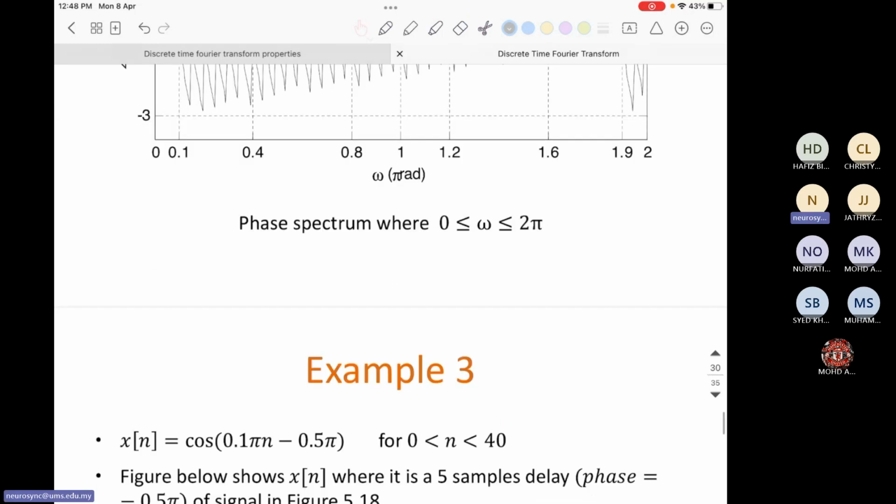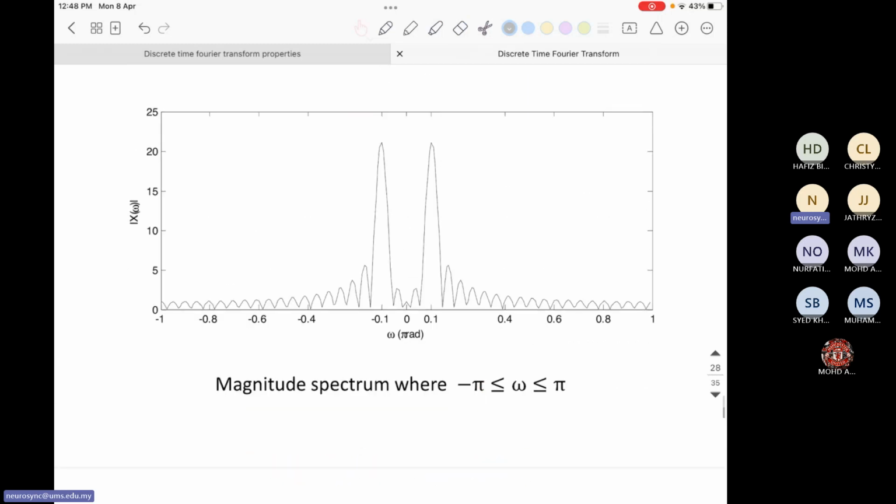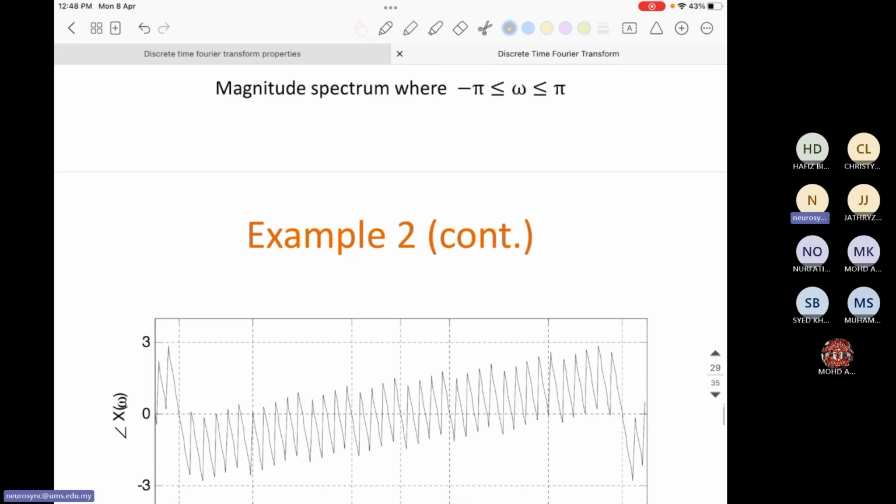Like this, these plots you can plot using MATLAB functions, or in Python also you can plot this. We will see how to plot these in MATLAB. I think in week 6 or 7 we will see the MATLAB code for this.